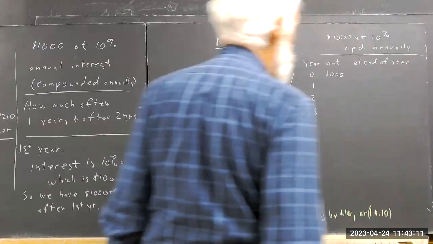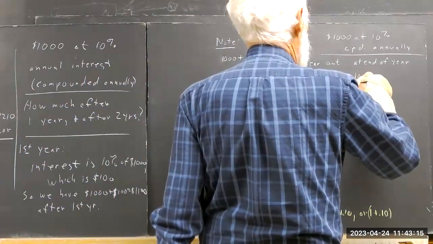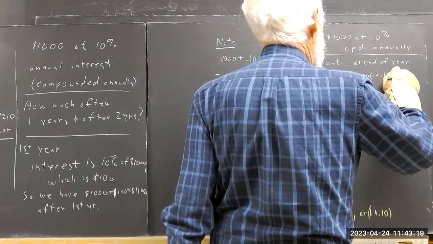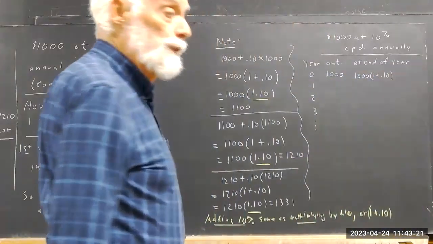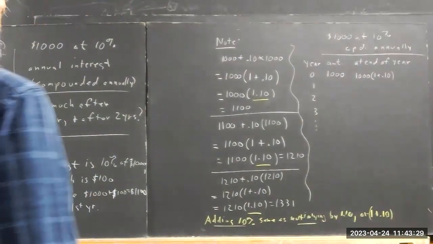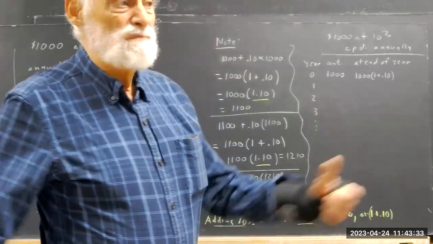At the end of year 0, we have $1,000 times 1 plus 0.10. And of course, you can calculate that, but I don't want to calculate it. I want to get a general formula, how much we have after n years.